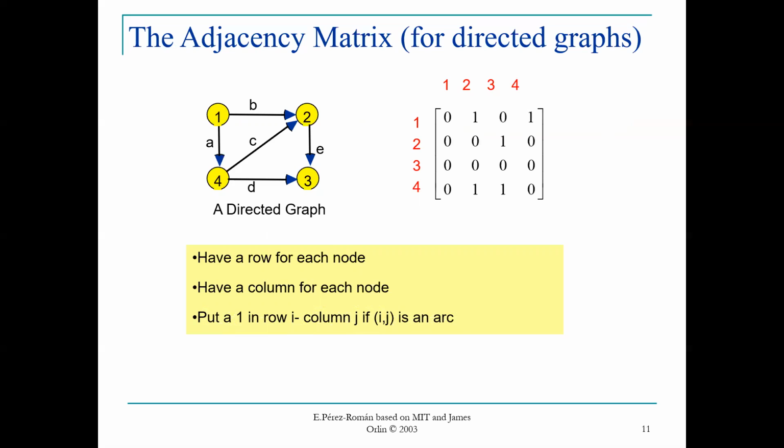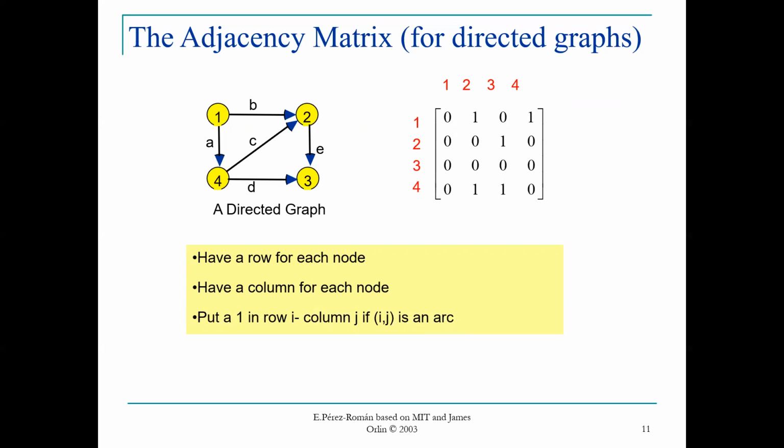So what that means is you will have a directed graph and you only put in a 1 for those coordinates in the matrix in which you have a directed arrow pointing between these two nodes. So again, in this case, for the first row, we have two 1s. The first one is for arc (1,2), and the second one is for arc (1,4).